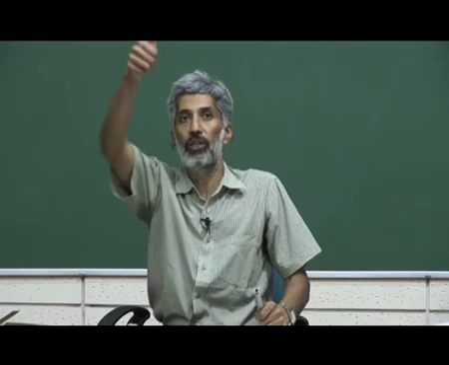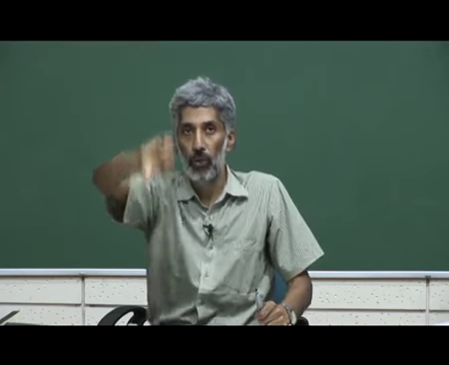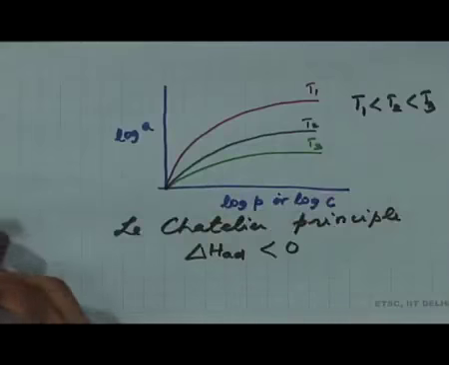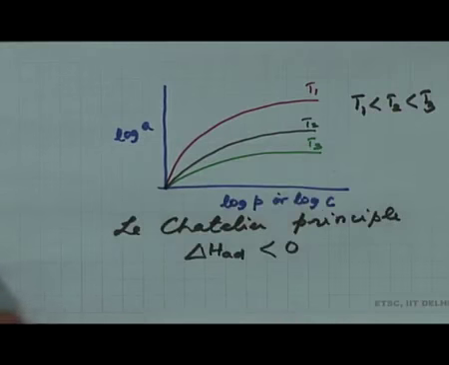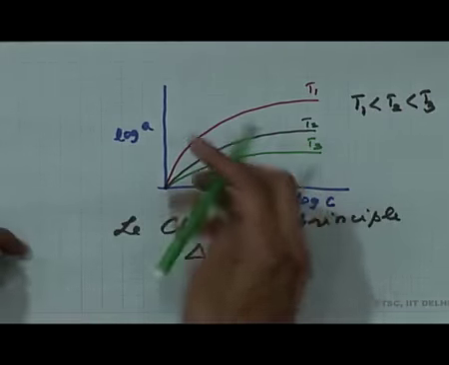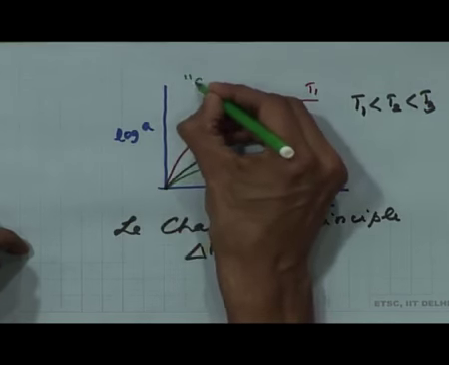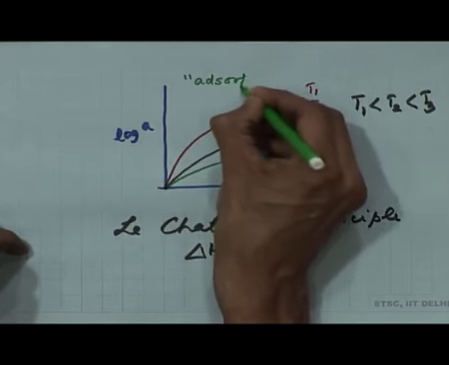And the second is that as you increase the temperature, the amount goes down. Each of these figures, the red line, the blue line, the black line and the green line, corresponds to a fixed temperature. So, each of these is called an adsorption isotherm.